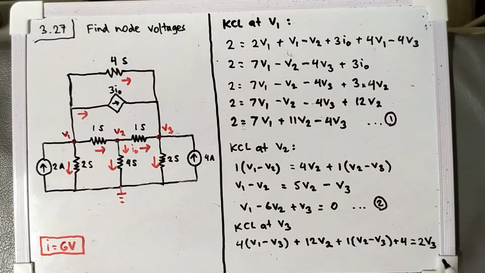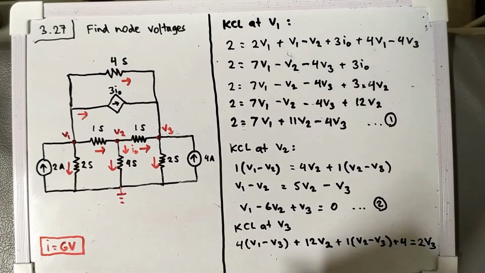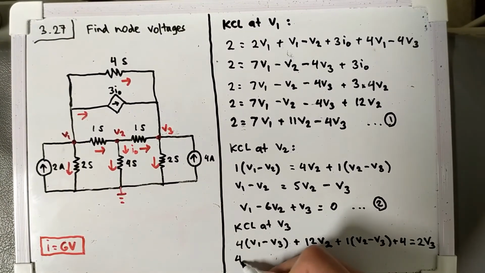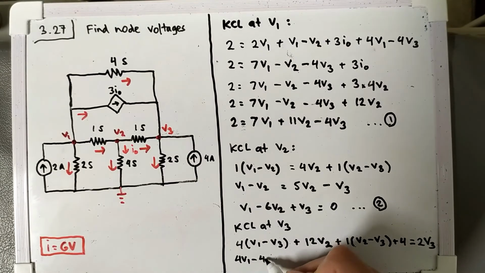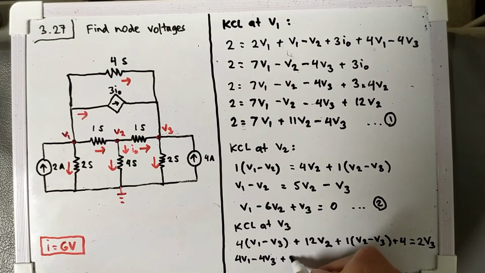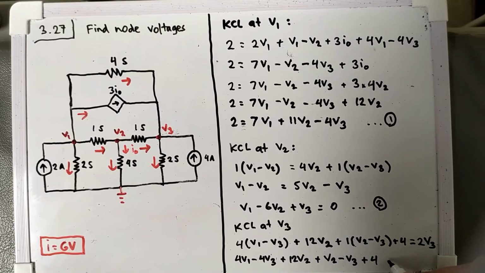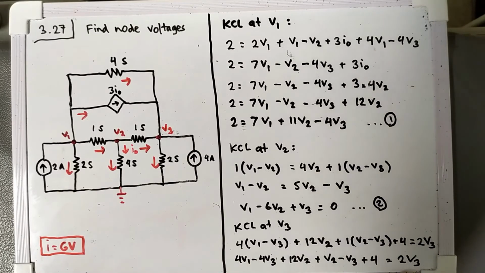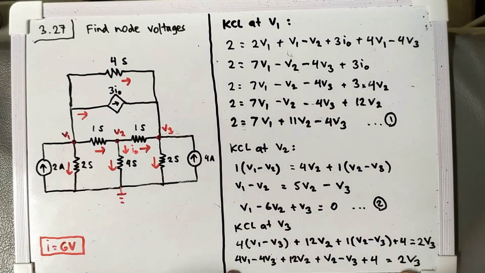So let's do some algebra here. I will have 4V1 minus 4V3 plus 12V2 plus V2 minus V3 plus 4 is equal to 2V3. Let's simplify this one.